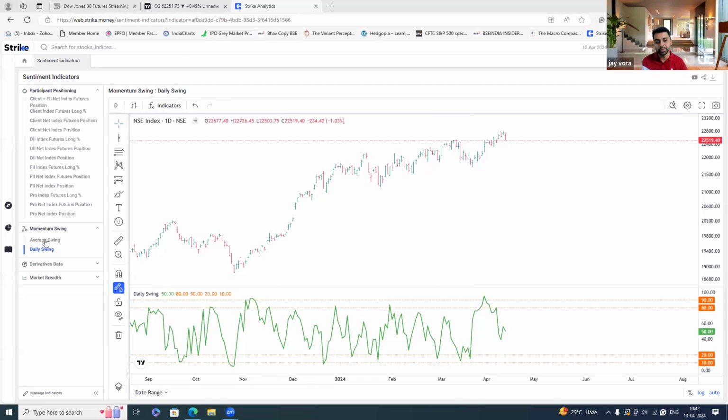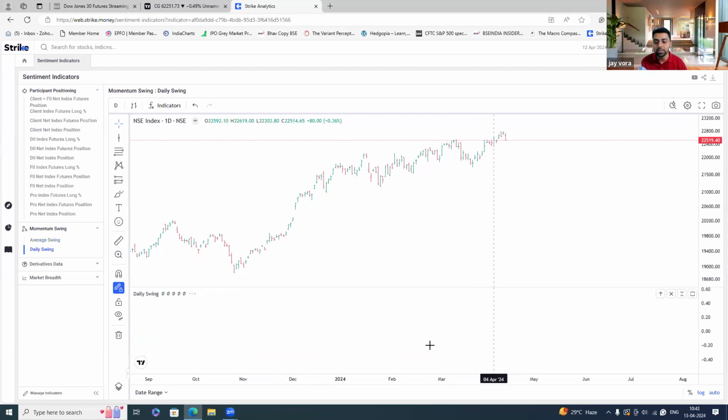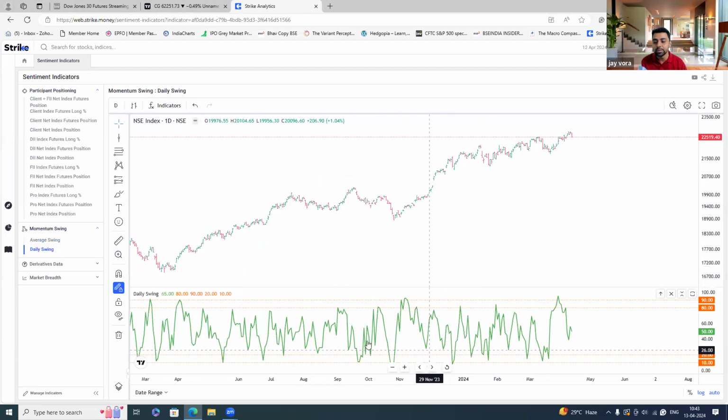Now, average swing, what we have done is that वो daily swing को ही we have smoothened it with a 9-day average, okay, to get much cleaner signals. Just like you see, daily swing and all are getting overbought and oversold much more frequently, because over here we are just plotting day on day data.